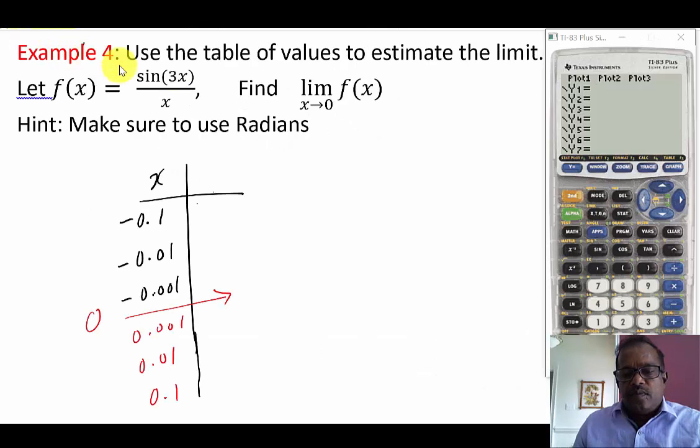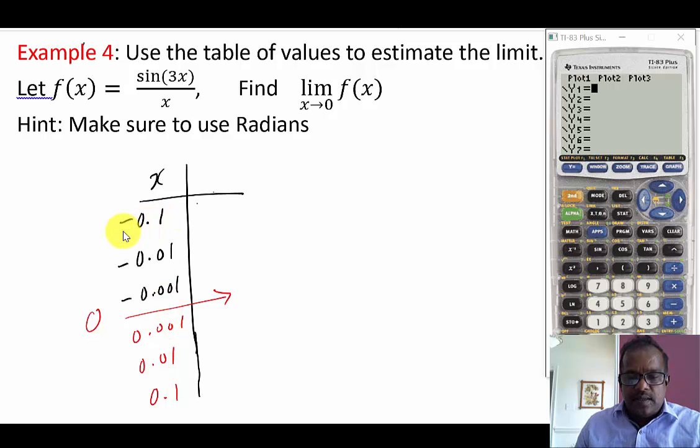Example 4. Use the table of values to estimate the limit as x approaches 0 of sine 3x over x. As x approaches 0 from the left and from the right, I create this table now.